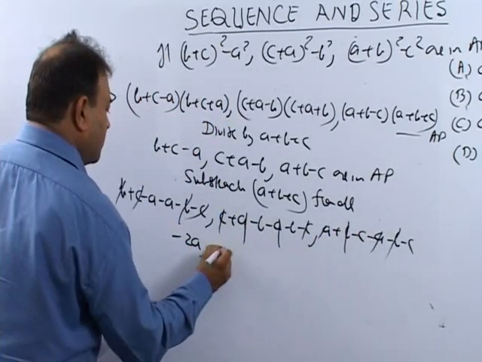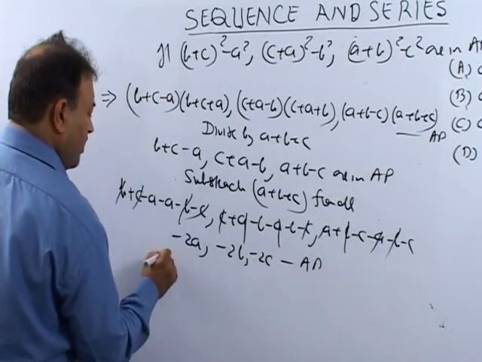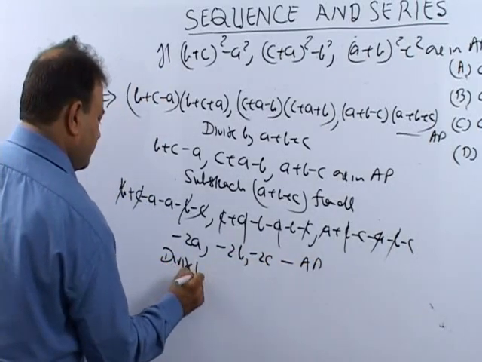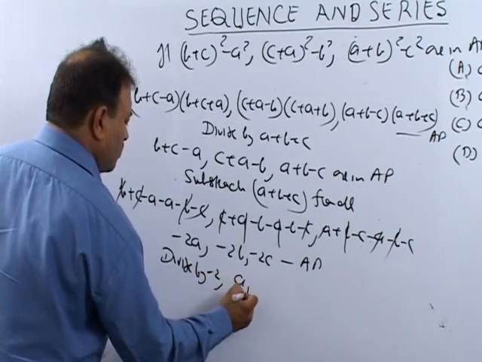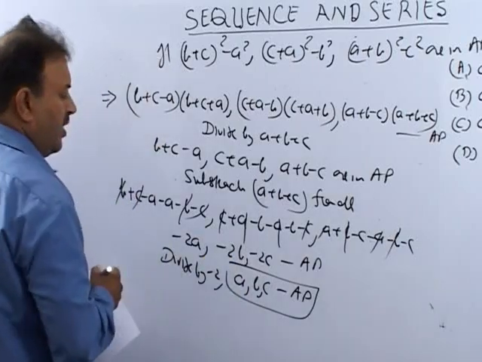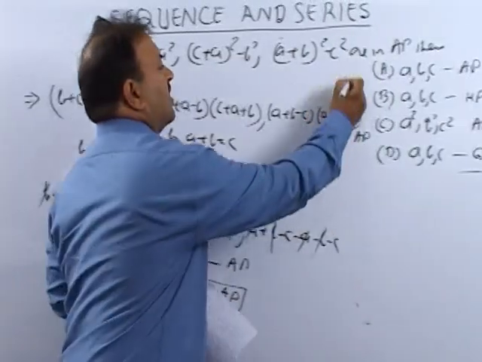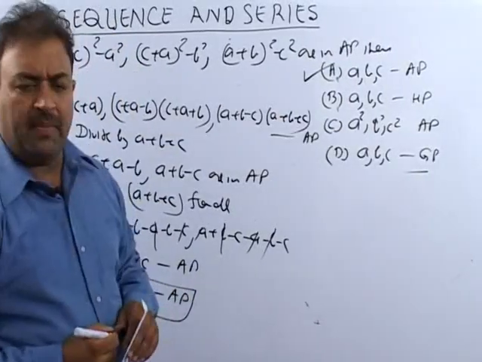I am left with minus 2A, minus 2B, minus 2C in AP. Divide by minus 2, A, B, C are in AP. The right answer comes out to be A, B, C are in AP.